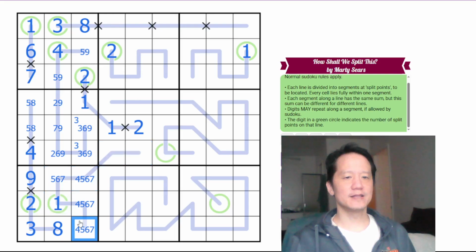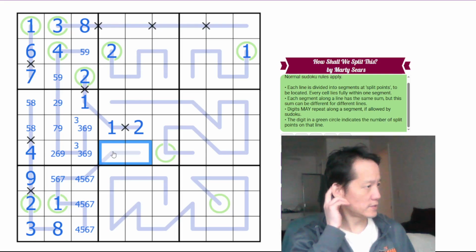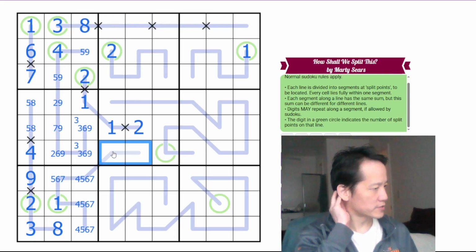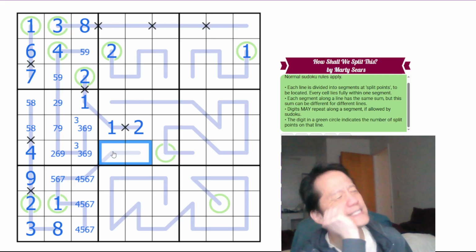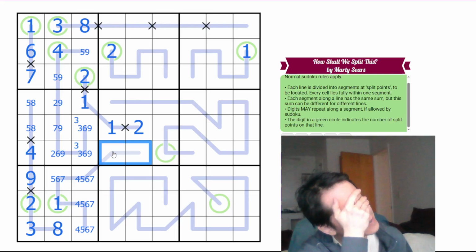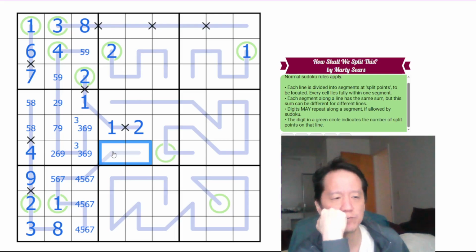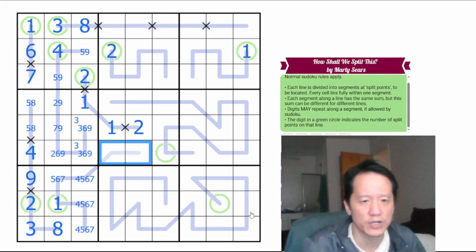So this is at least 30 if it's 3 and 6 added to it. It could go up to 17, which would then be 40. So the segments are 20 each. So the segment sum is 15 to 20, right?